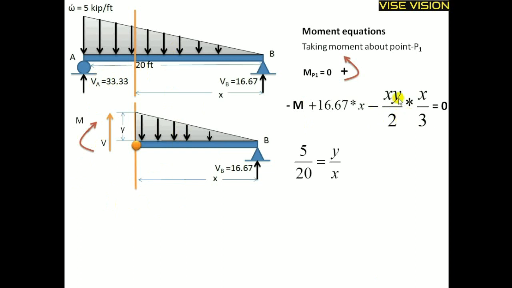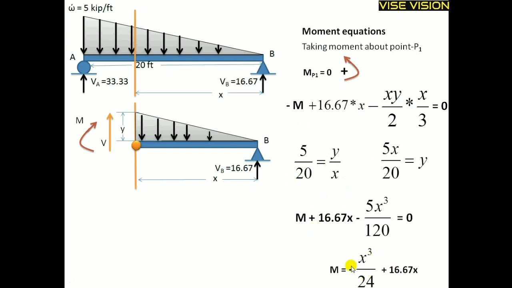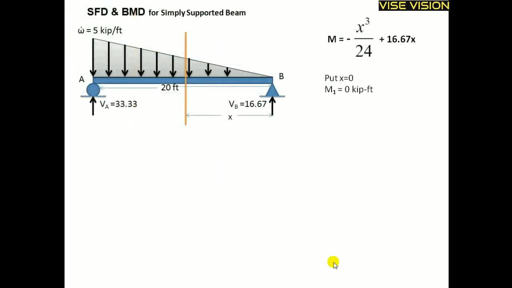Now how will we find y? We will find y by the same slope method as we used previously. And this is my moment equation for this UVL.